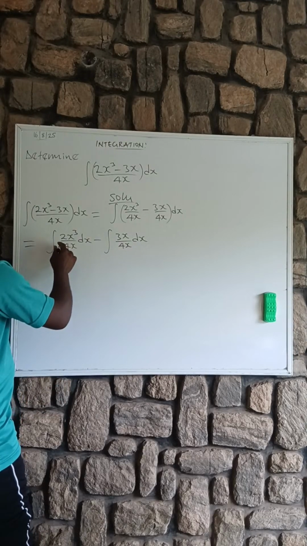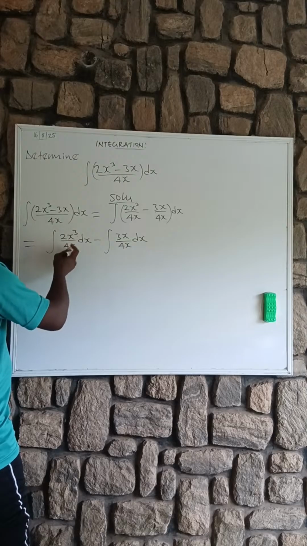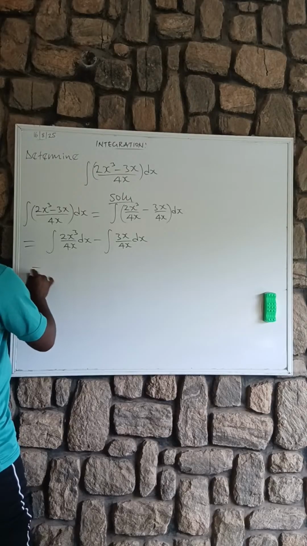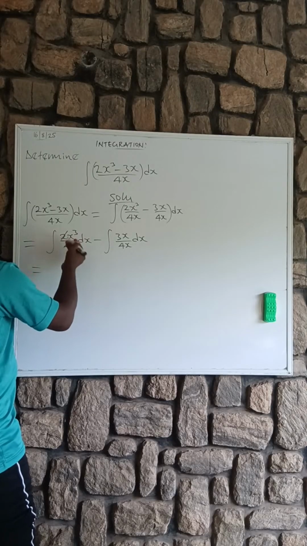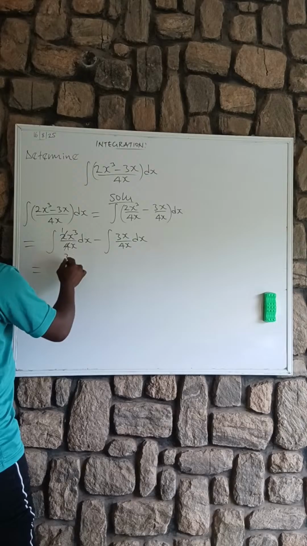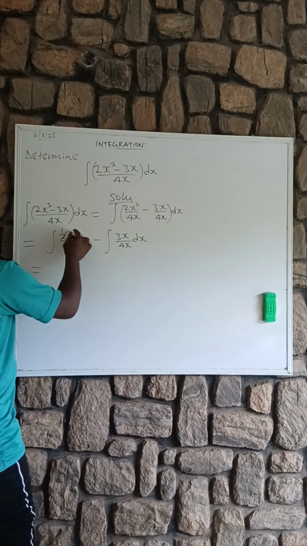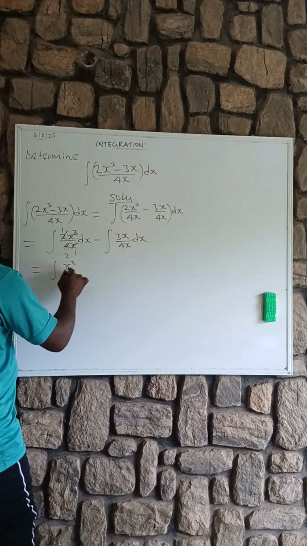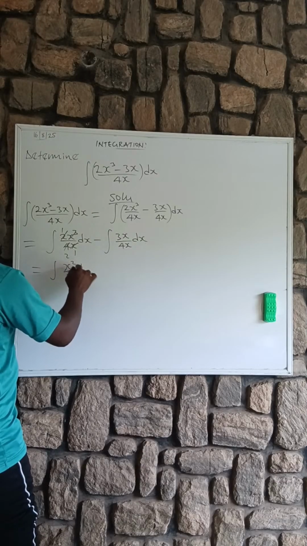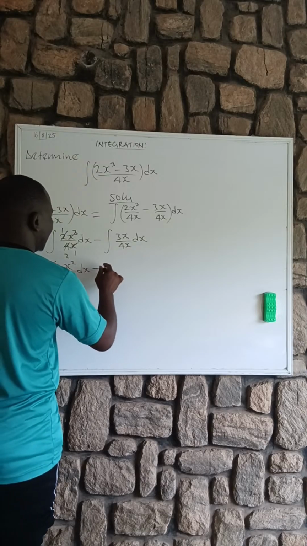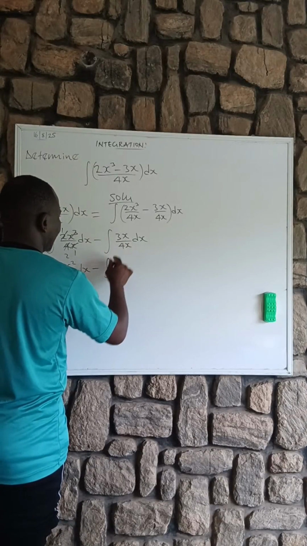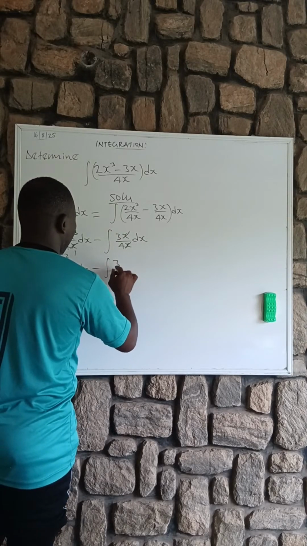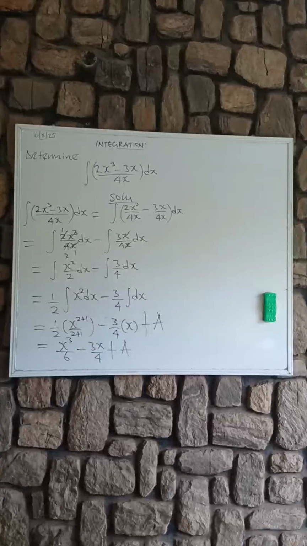So as you can see, 2x cubed and 4x can divide themselves. So 2 into 2 is 1, 2 into 4 is 2. x cubed over x is x squared. So here will now be x squared all over 2 dx minus integral, this and this will cancel, 3 all over 4.